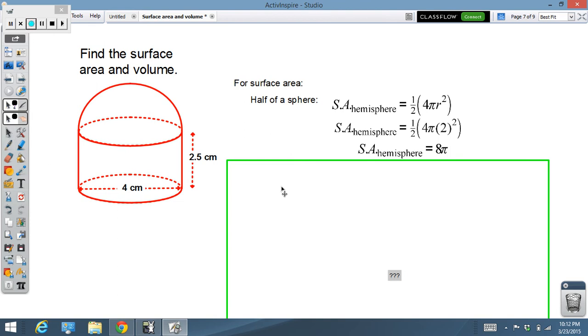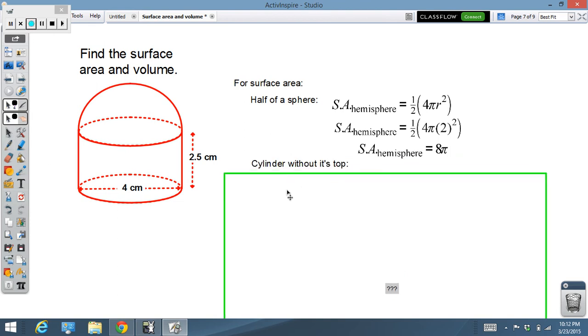Now, be careful with your cylinder, because the cylinder does not have this top. This area right here would normally be part of our calculation for the surface area of a cylinder, but it is not on the surface of the figure, so I can't calculate it. I'm only going to use the lateral area of the cylinder and one base, the base that's on the bottom.